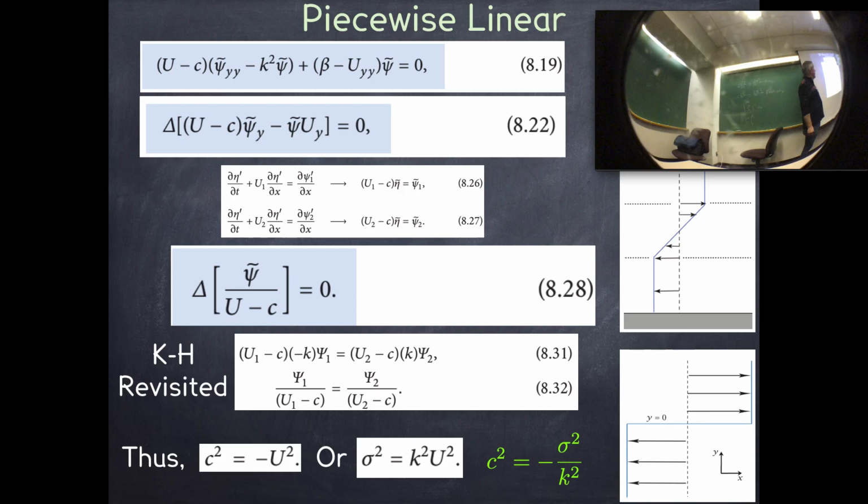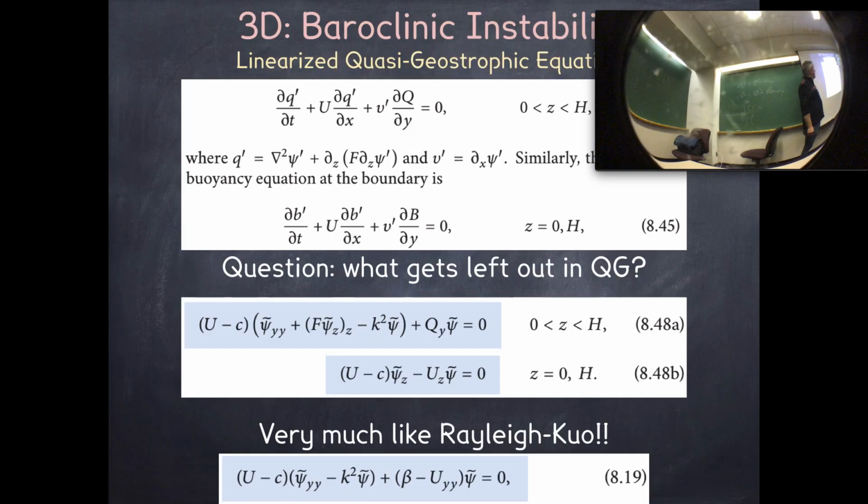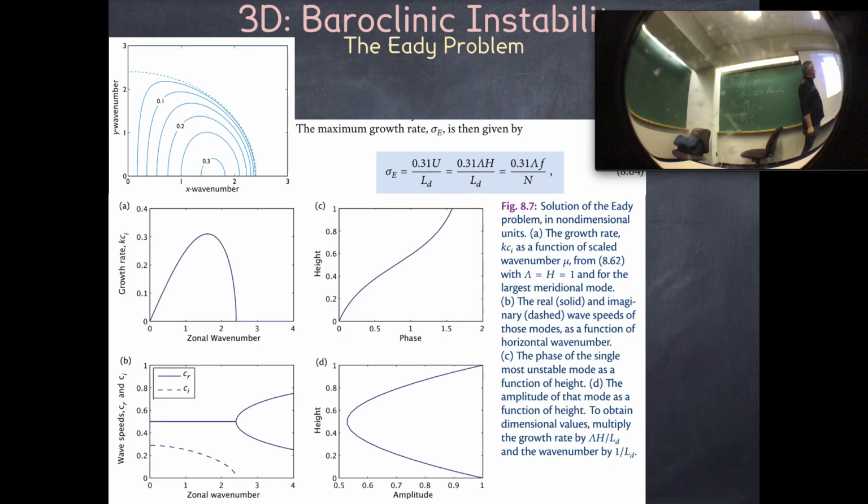We're not finding that. We're finding something different in the Eady problem. We find that the growth rate is maximum at some wave number, and this is the x wave number per unit deformation radius, so k times L_D. There is a fastest growing mode, and its size is right near the deformation radius. So what does that tell us in the Eady problem?